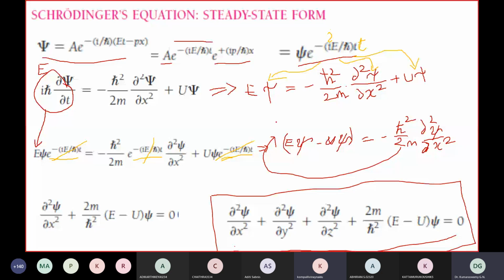This is equation 10, sir. Last equation, you can put an equation number for that. Equation 10, right?